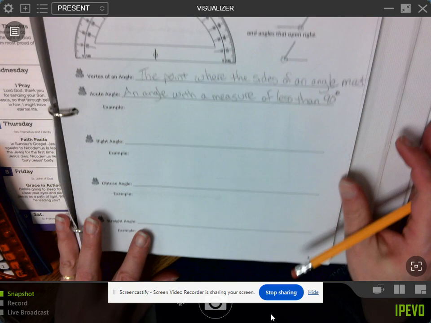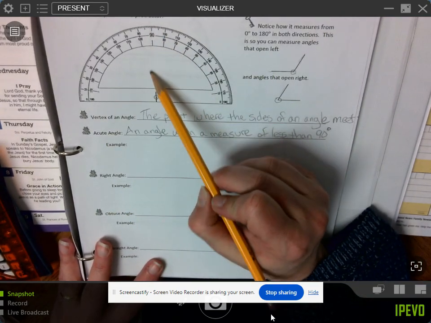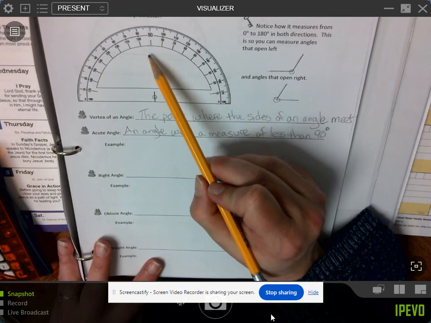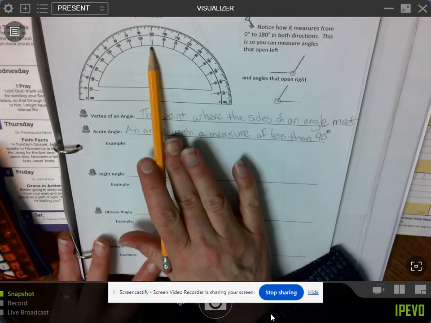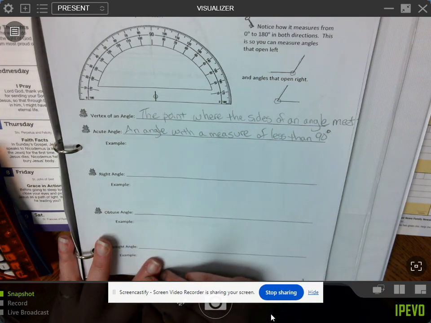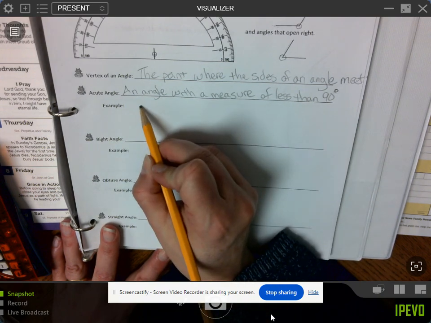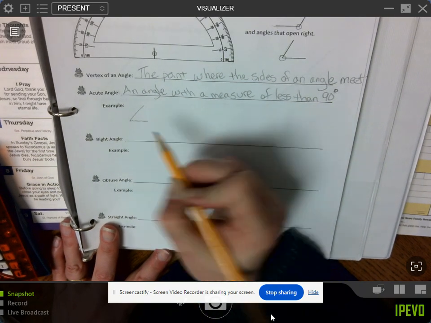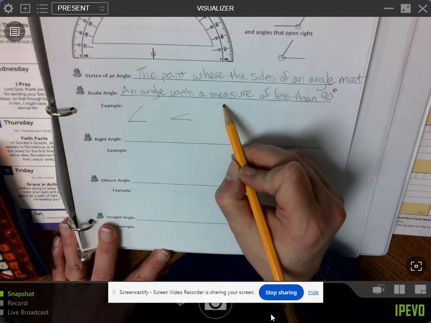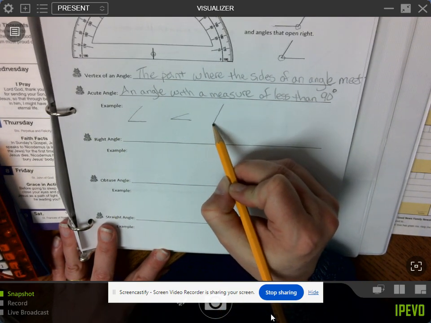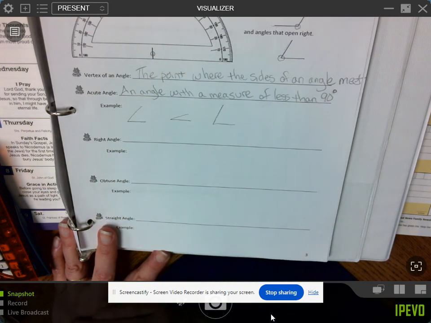So when we look at that protractor up here, here's our 90, here's our vertex. So we can see 90 degrees comes straight down and over. So an acute angle is going to be smaller than that. So an example of an acute angle might look like this. It could look really tiny like that. It could look close to that 90 degrees, but it cannot be 90 degrees.